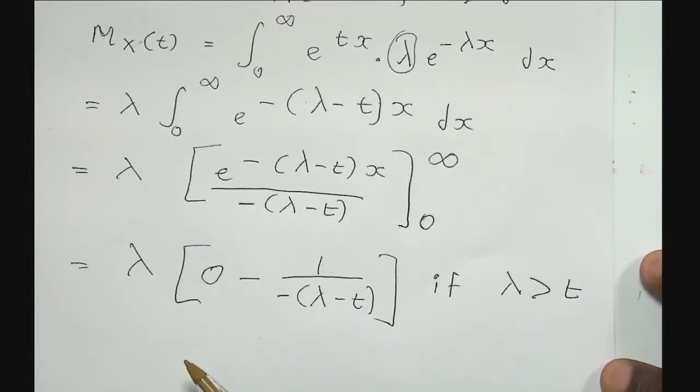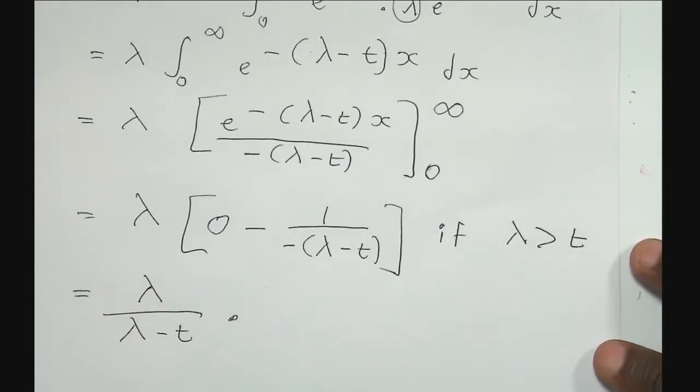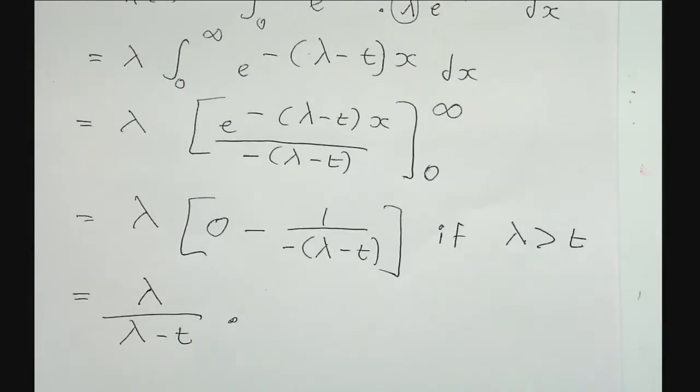So this condition is important. So if you simplify this, you get lambda over lambda minus t, which is the answer. Okay, so that's question 5. Can we try question 6, guys, now?